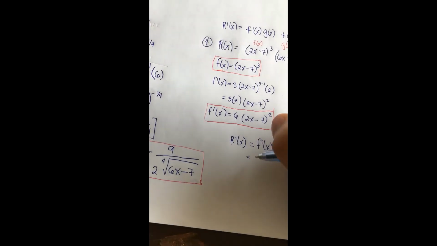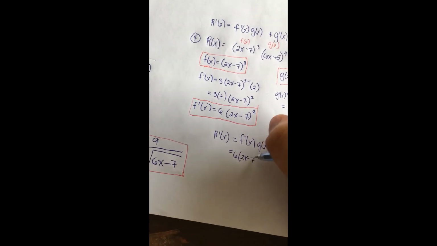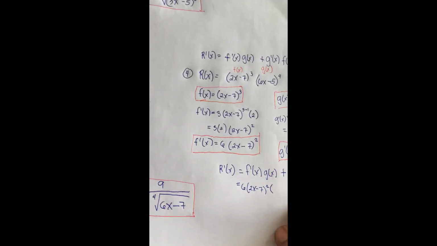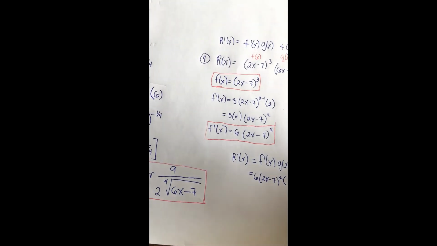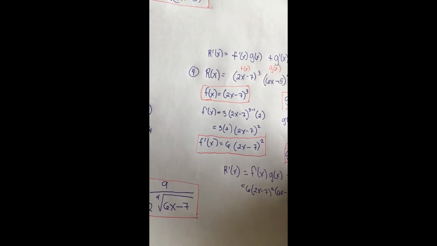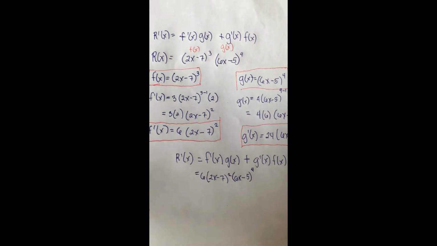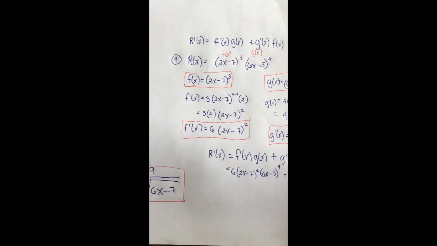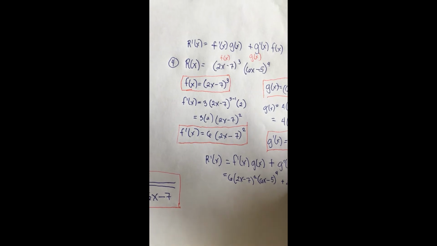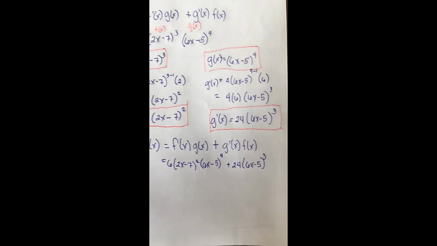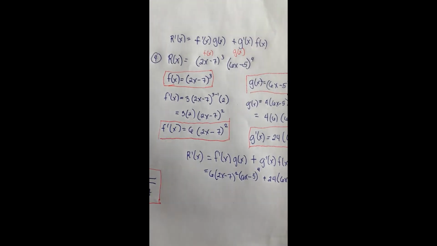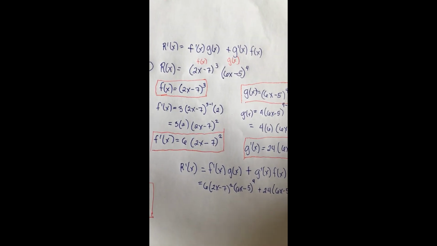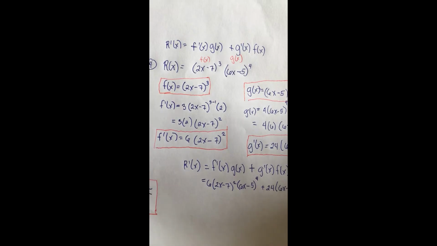So substitute. So you have 6 times 2x minus 7 squared times, what is your g of x? 6x minus 5 raised to 4. Plus your g prime x, 24 times 6x minus 5 raised to 3 times your f of x is 2x minus 7 raised to 3.